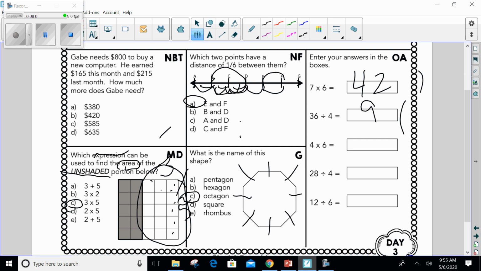Use your fact families to help you. 4 times 6, my favorite product in the whole world, is 24. 28 divided by 4. Well, 4 times what equals 28? 4 times 7. So 28 divided by 4 equals 7. 12 divided by 6 equals 6 times what equals 12? 6 times 2.